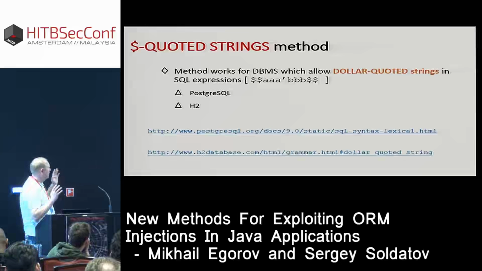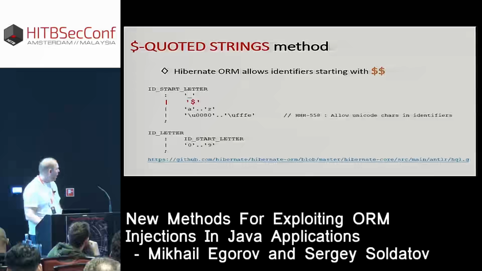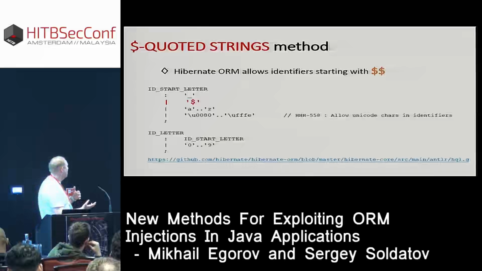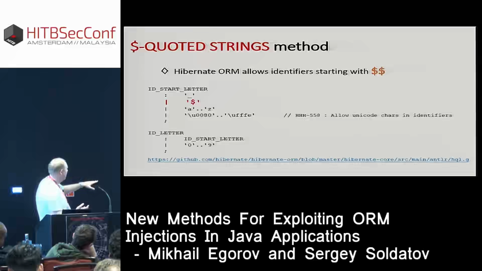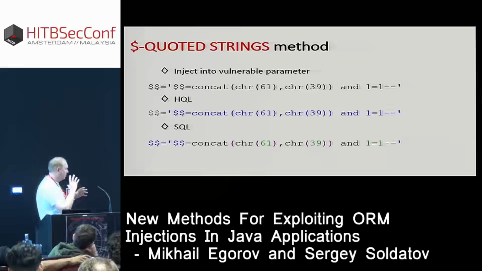It's a correct string definition for these very databases. On the other hand, Hibernate ORM allows identifiers starting with dollar, and here you can see a fragment from the Hibernate grammar specification. Composing all these facts together, we can make a hack.